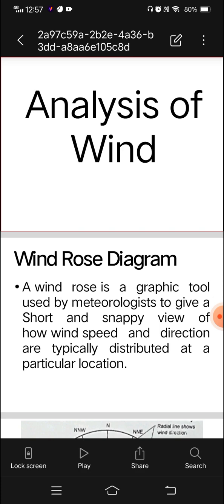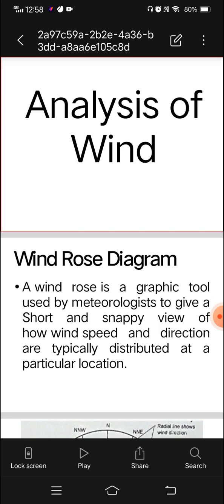A Windrose is a graphical tool used by meteorologists to give a short and snappy view of how wind speed and directions are typically distributed at a particular location. The importance of the Windrose diagram is in determining the most suitable runway orientation and estimating the runway capacities.